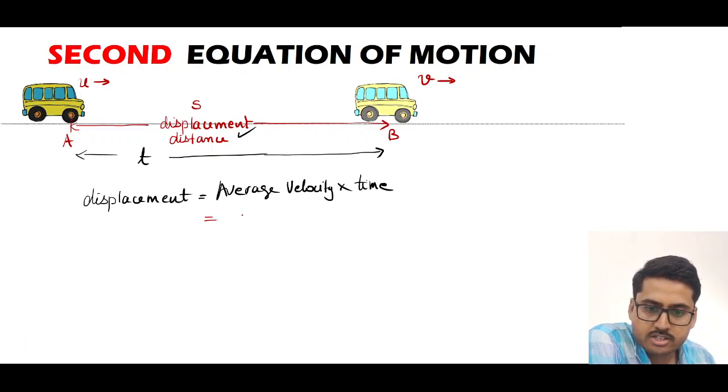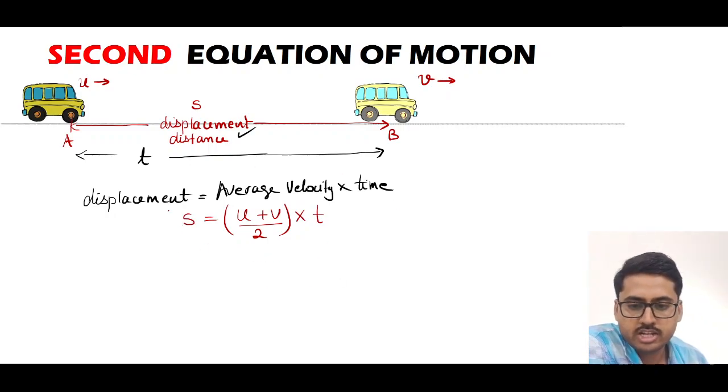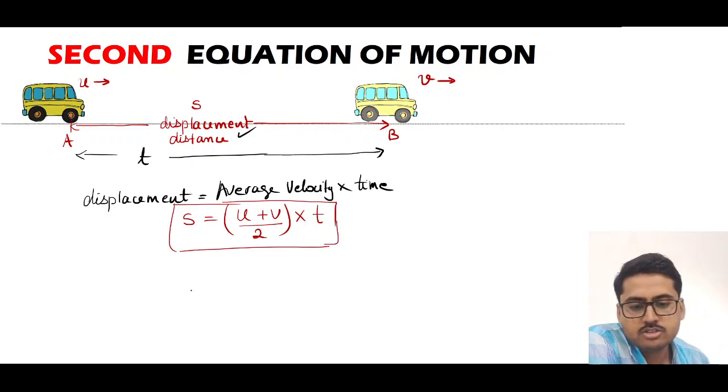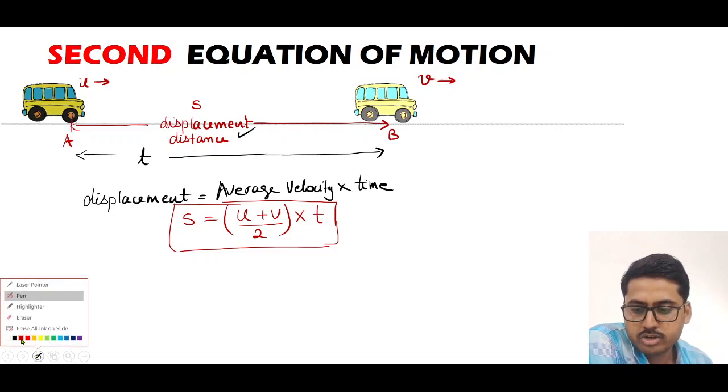So if I write here (u plus v) by 2, and this is into t, and the displacement symbol is s. So this is the mother equation, and this equation is going to give you both equation 2 and 3. Okay, so how can we derive equation 2 and 3 from here?